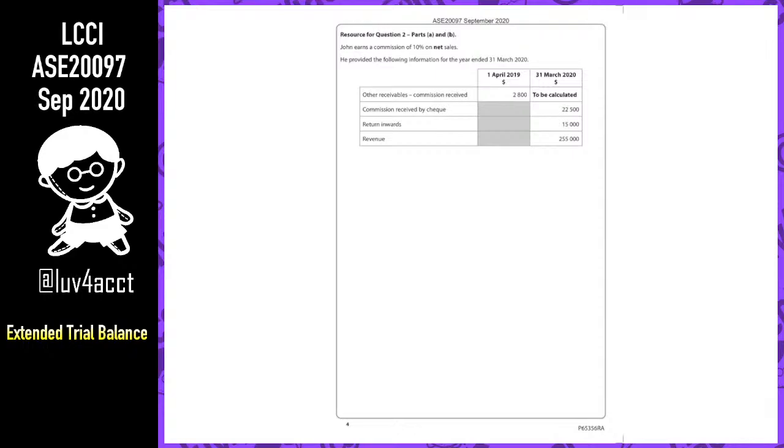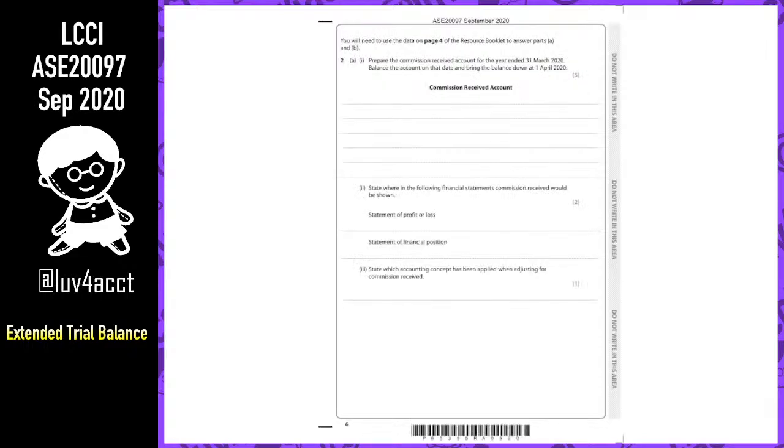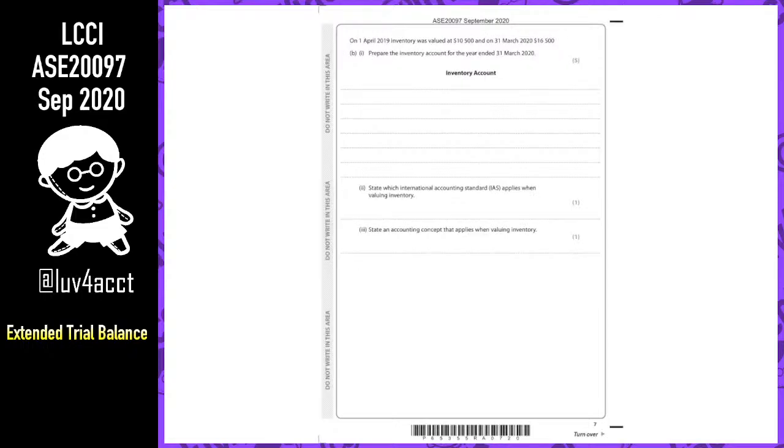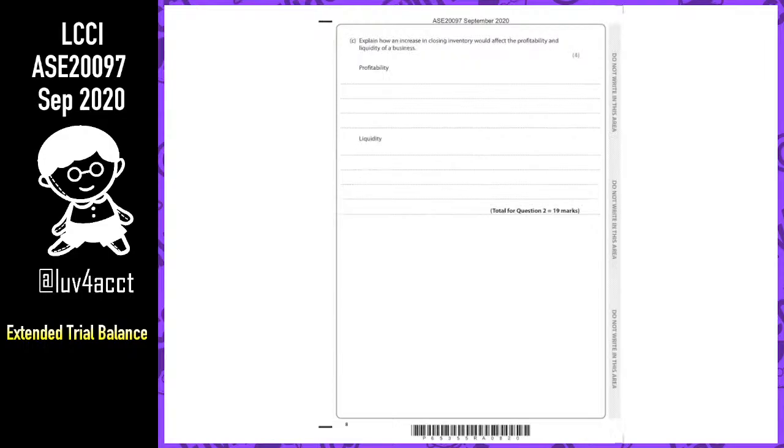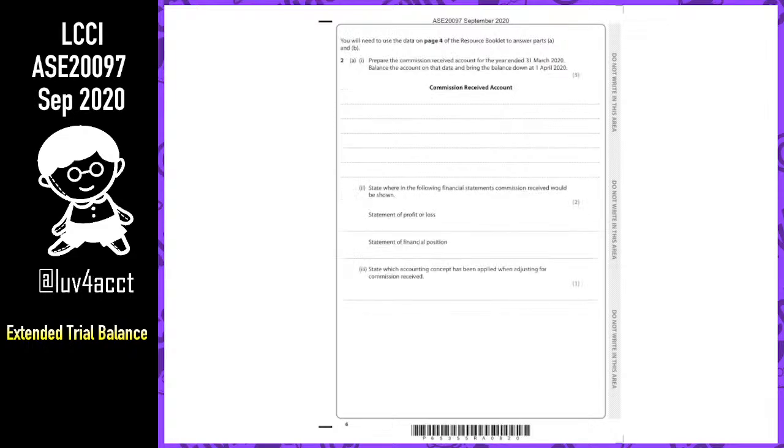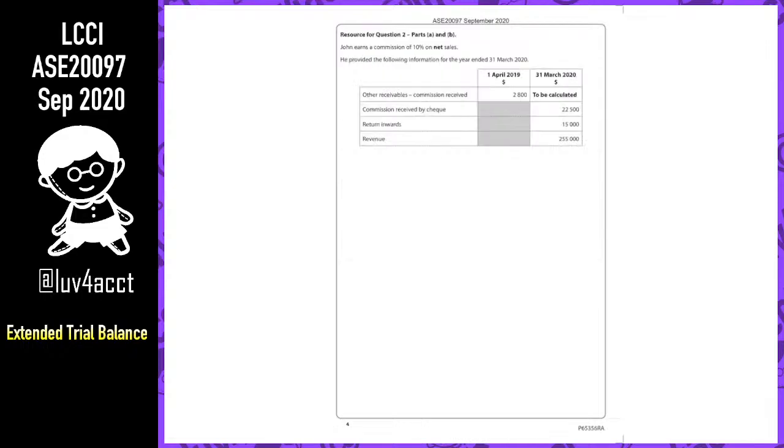We have some balances, opening and closing other receivables for commission, returns in revenue, and then commission received account, where to put, and then the accounting concept related inventory account, and then some concept questions. Very strange. How should I classify this question?